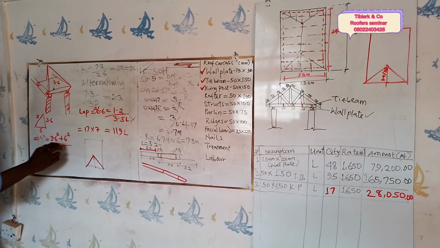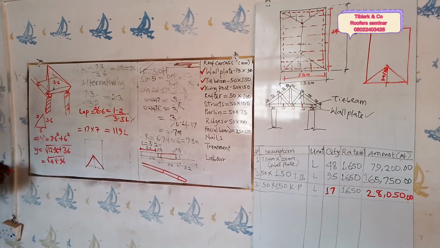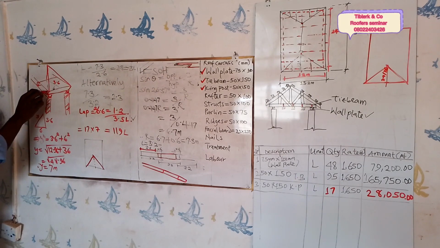That will be the square root of 3.6 squared, which is 12.96, plus 36. 48.96. Root of 48.96 is 6.99, about 7 meters. So from here to here will be 7 meters.